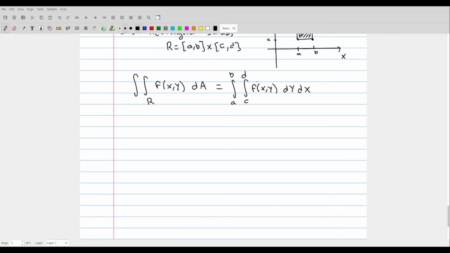So this is the notation that we use for integration over rectangular intervals, where x goes from A to B and y goes from C to D. Now, it's very important to remember the order here. If you don't order the bounds correctly, then you might calculate the wrong value. The outer bounds of integration always have to be with this outer variable. So this dx here is connected in some sense to these bounds, A to B, and this dy here is connected to these bounds right here from C to D.